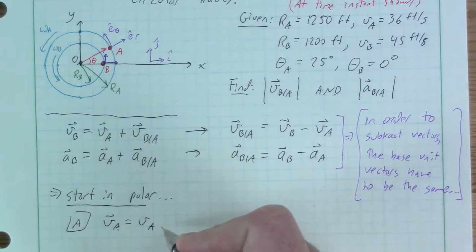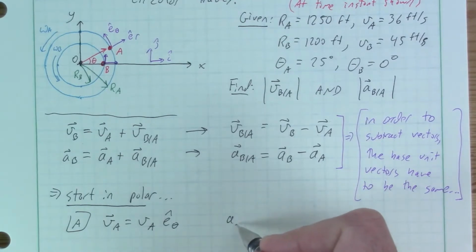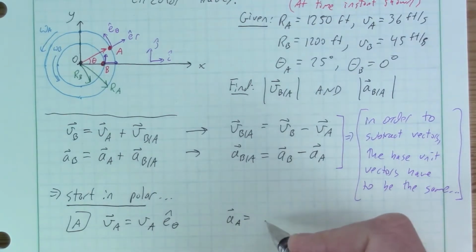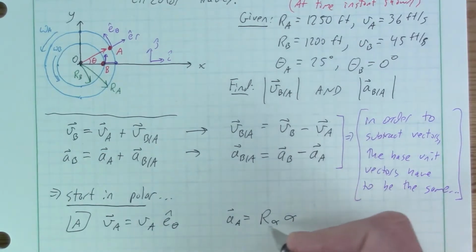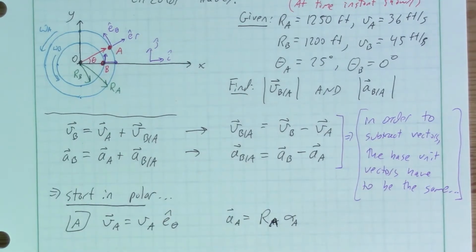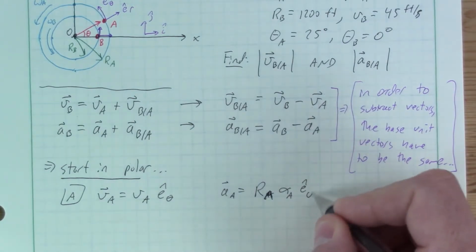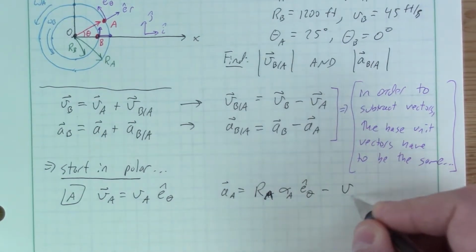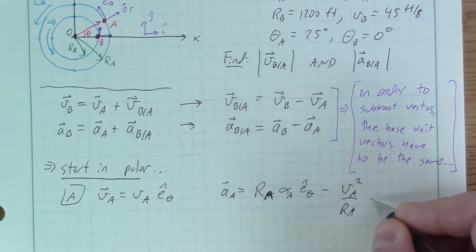Okay, so the velocity vector is the speed only in the theta direction, and the acceleration of A is R_A times its angular acceleration in the angular direction, minus v_A squared over R_A e hat r.